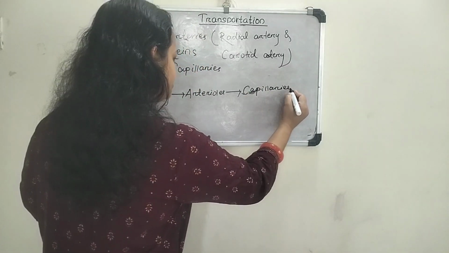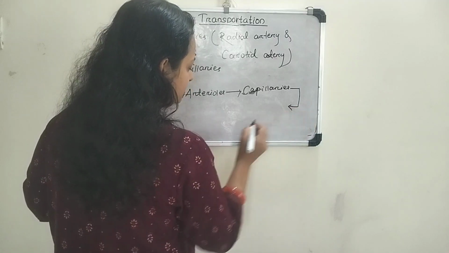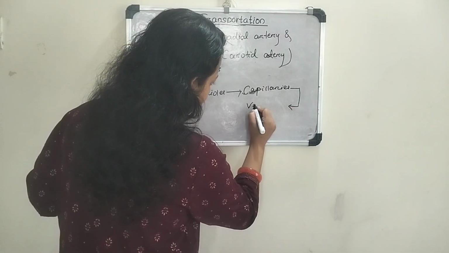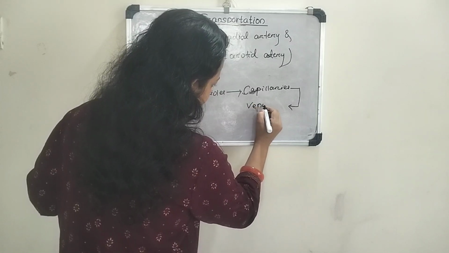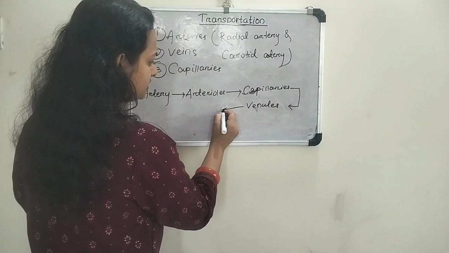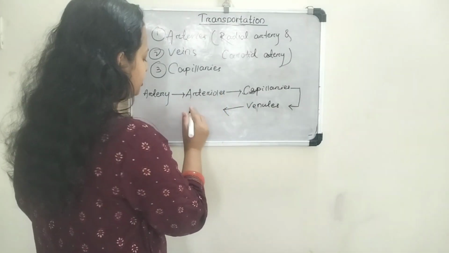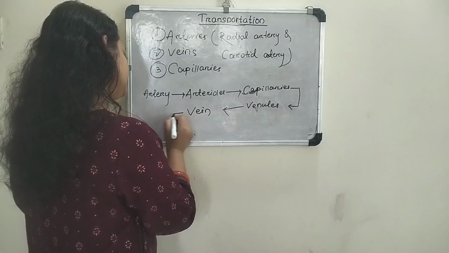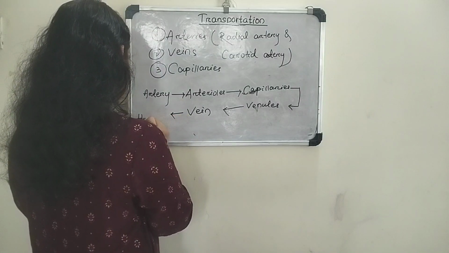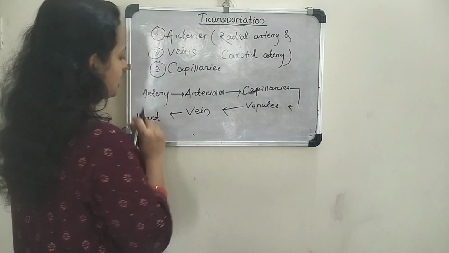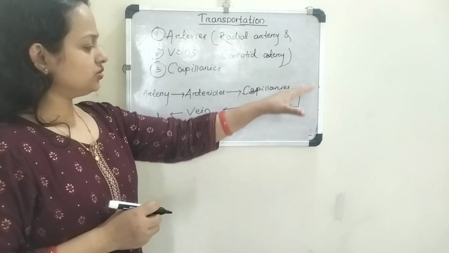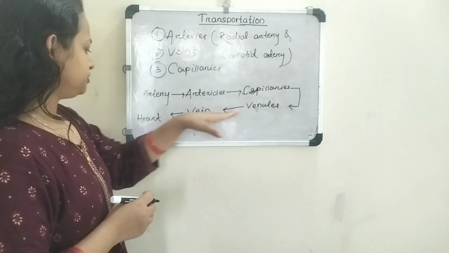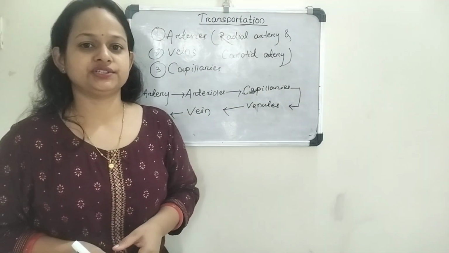Again the capillaries give their substances to the venules. The small venules unite to form the veins, and the vein gives its flow to the heart. So this is the whole circuit of blood flowing from the heart and back to the heart.